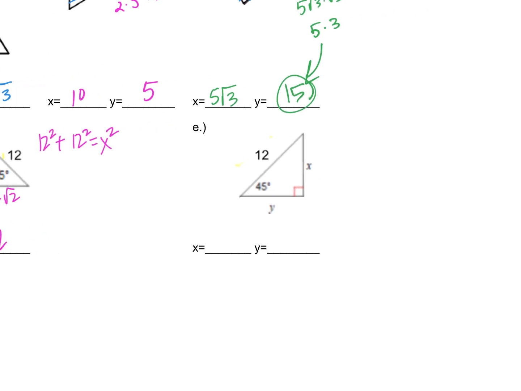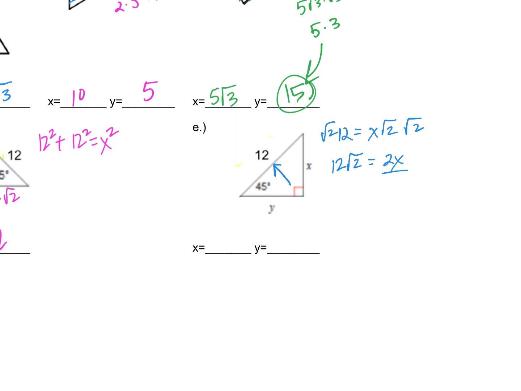When I look at letter E, I can see that I have the side across from 90, so 12 is equal to x radical 2. And we talked about how we solve by multiplying by radical 2 on both sides. So I get 12 radical 2 is equal to 2x. Why is that?